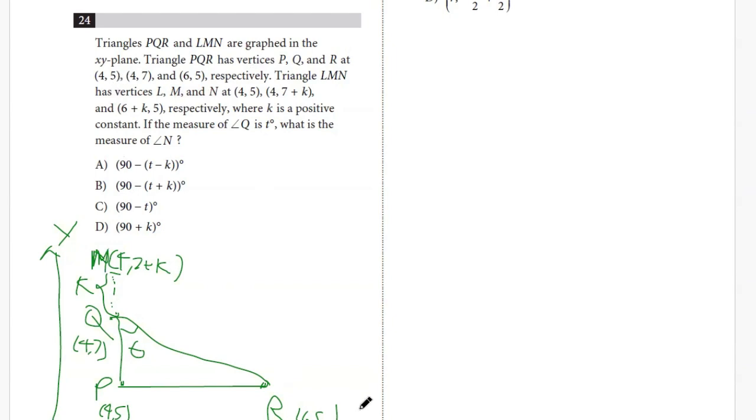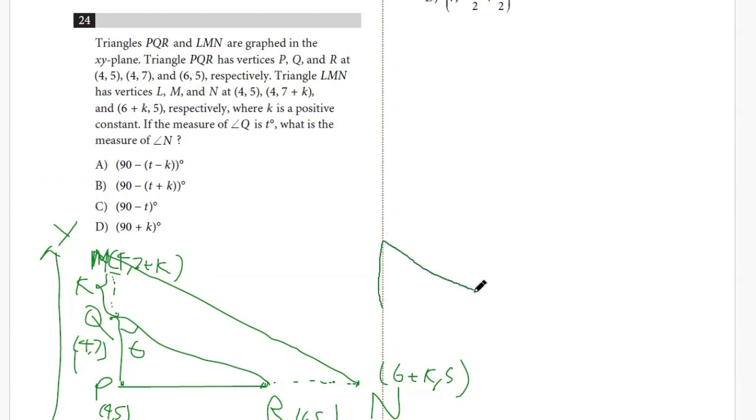And for N, I have the same y coordinate but different x, right? So it's 6 plus K. And then I'm going to connect these two together, right? Notice that these two are similar triangles. One is like this, and one is elongated upwards, like this.